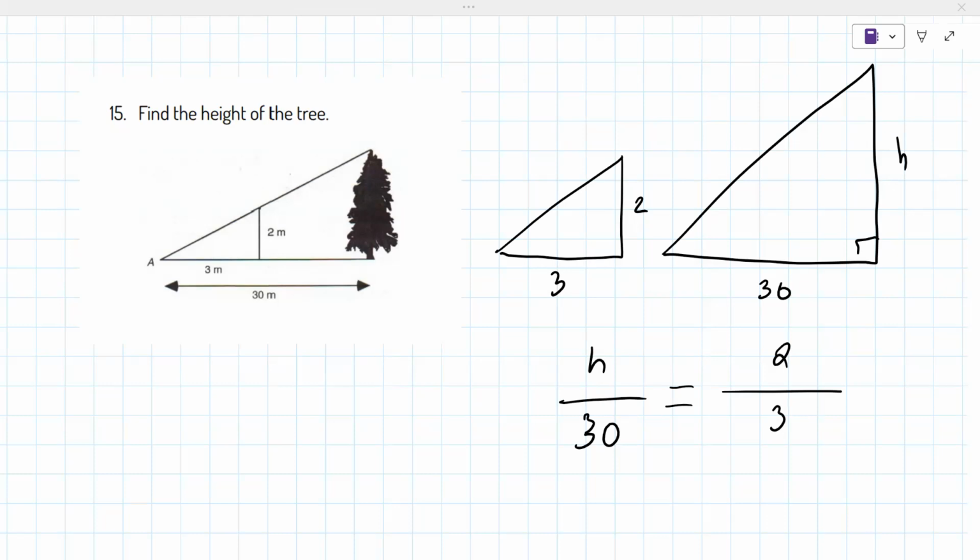Okay, so I got H equals 20. 20 meters. Yeah, perfect.